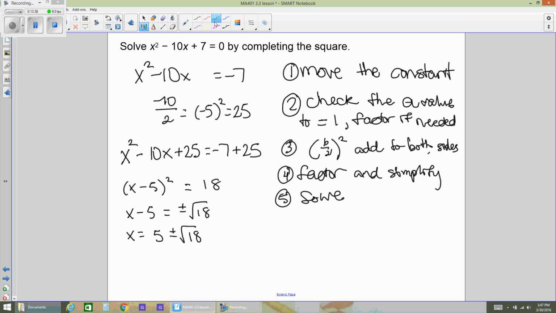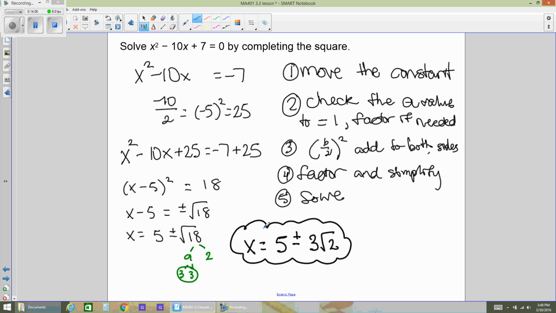It would be nice if we were done, but we're not, because 18 reduces to a 9 and a 2, and a 9 is a 3 and a 3 here. So x equals 5 plus or minus 3 radical 2. And that's my final answer.